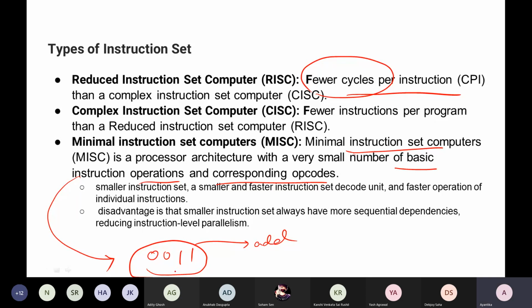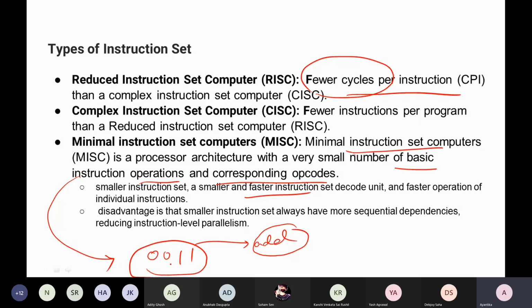So when we are talking about this type of minimal instruction set, these are basically optimizations from both sides, reduced as well as complex. So when we have a smaller instruction set, what is the advantage? When you write add in your program, this add gets mapped to 0011.